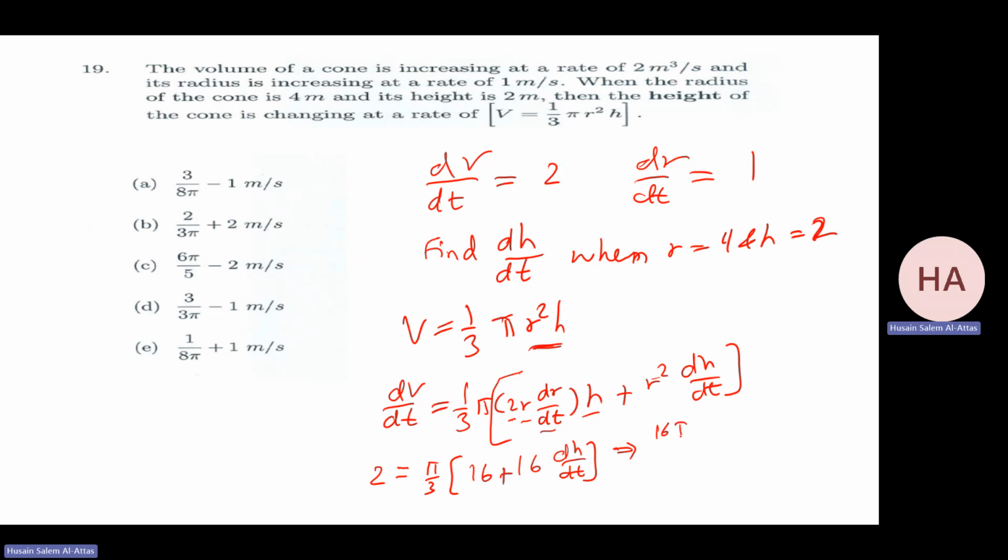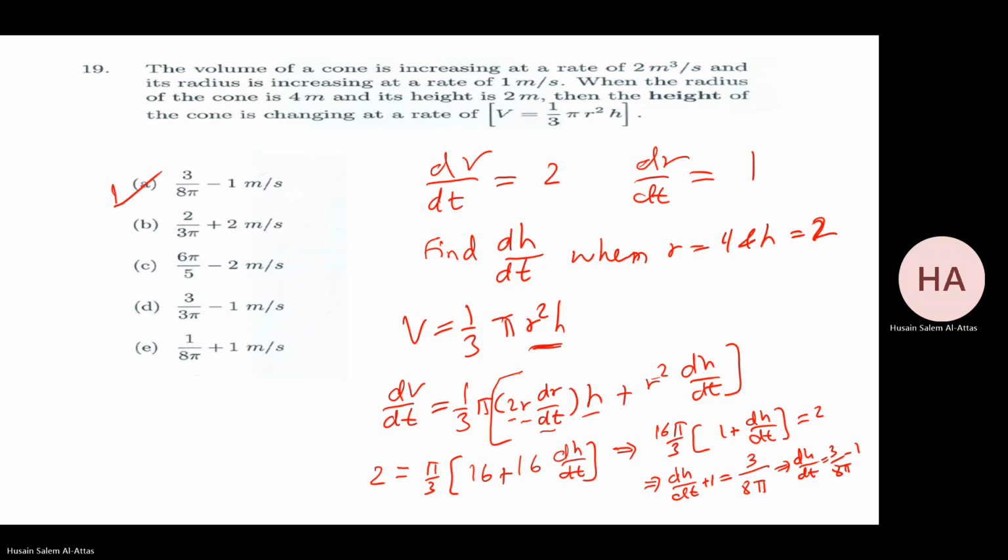You have 16 pi over 3 times 1 plus dH over dt equals 2. So dH over dt plus 1 equals what? 3 over 8 pi. So dH by dt equals 3 over 8 pi minus 1, which is this.